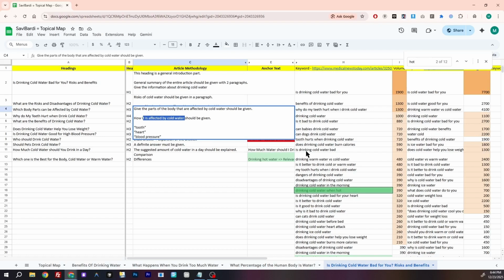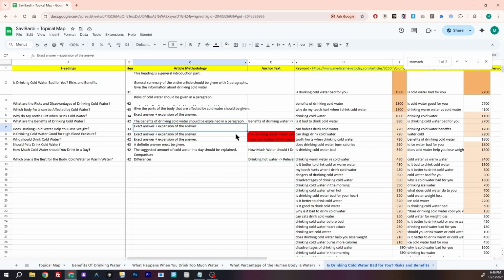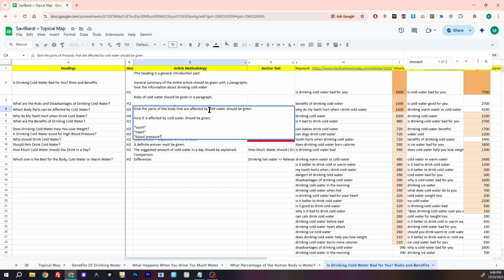If we search the queries for tooth and heart, each appears one time or more. If we search here for stomach, it appears two times, but we did not write it here because stomach in the queries appears in the context of warm water. So that's how you differentiate it. You do not always rely on just the query count, how much the word appears in the query network.